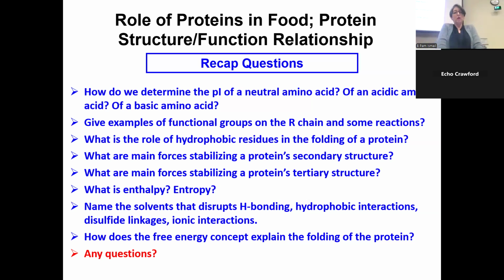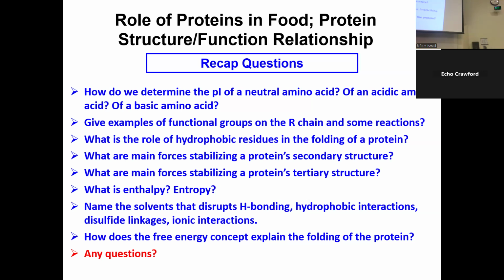Okay, so what could disrupt hydrogen bonding? Those of you who use gel electrophoresis, what do you put? SDS. SDS is a detergent. So detergents can break hydrogen bonding. Detergents can also break hydrophobic interactions. Urea can also break hydrogen bonding and hydrophobic interactions.